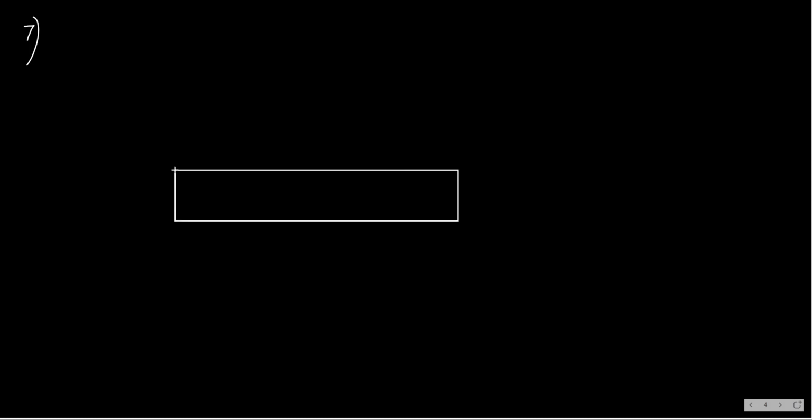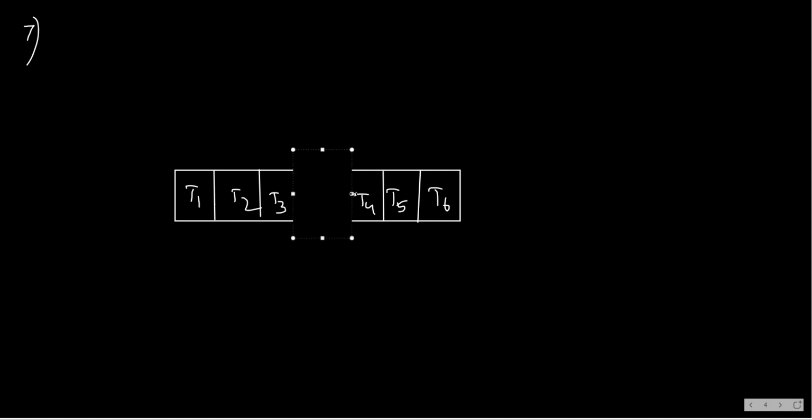This is say first row, and you have 6 teachers in first row: T1, T2, T3, T4, T5, and T6. You must be thinking why this place, why this? Wait, you will understand.